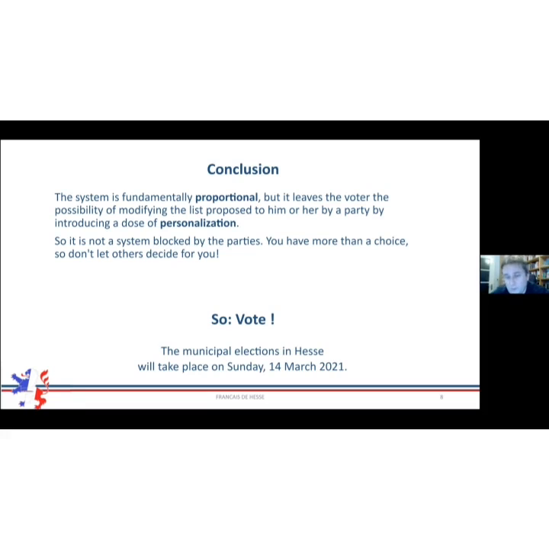So people still vote for the party, but they vote for the wrong persons. But in this system, you can make sure that those persons don't come into position. So you have more choice. So don't let others decide for you and go vote. That's our recommendation. And I think that was the last slide.